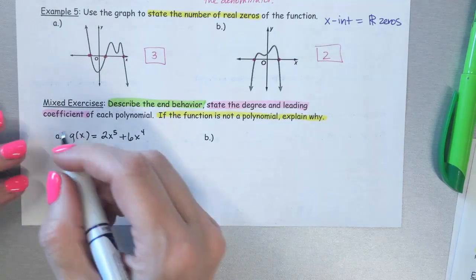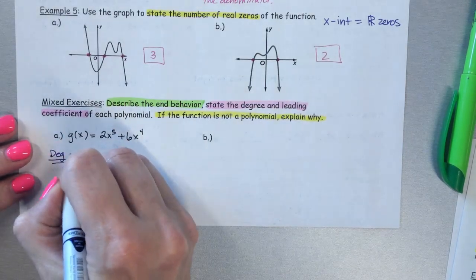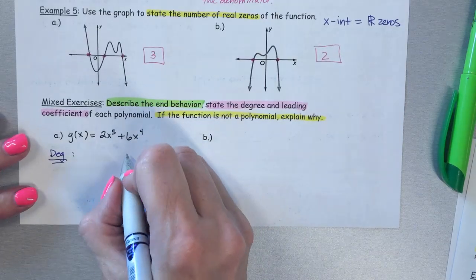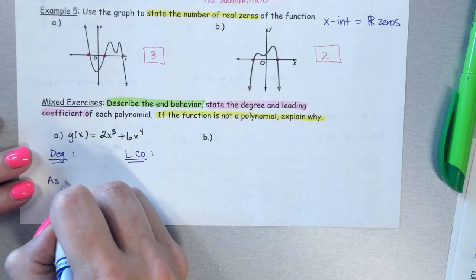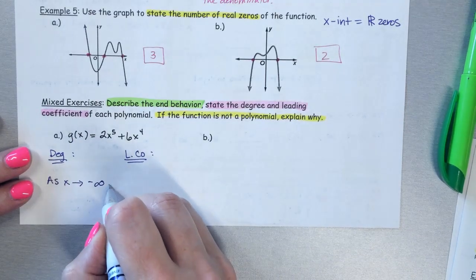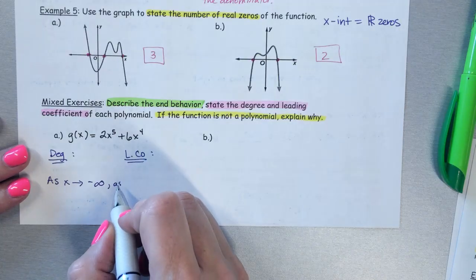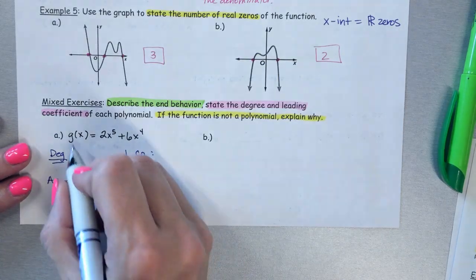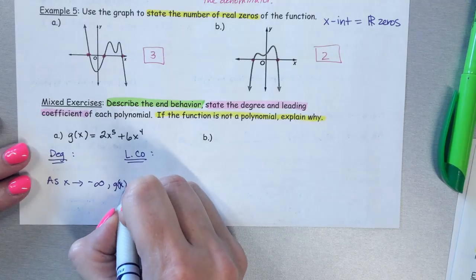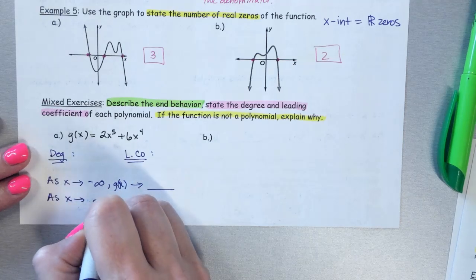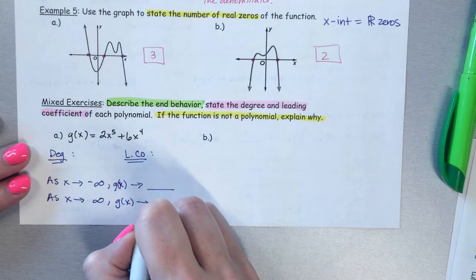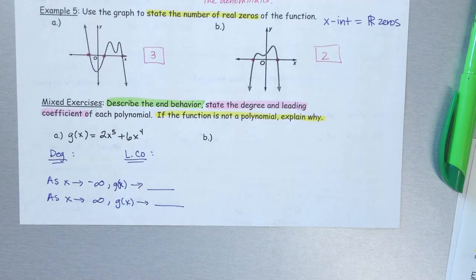I would identify the degree first and the leading coefficient. And then when you're doing your end behavior, they just say this is g of x, so we'll call it g of x. You can always start it out the same way. All right, I'm going to give you a minute to try that.